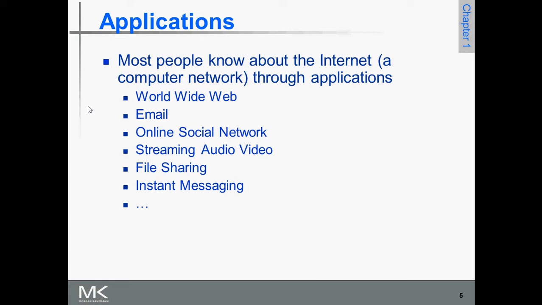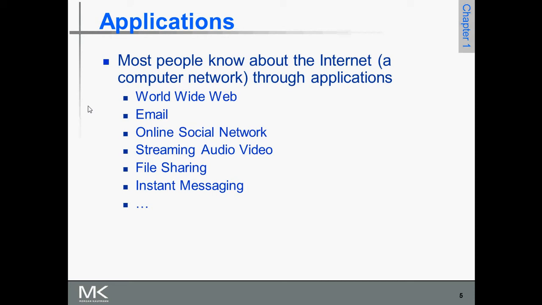That is why most people know about the internet only through applications. We can say the internet is a computer network, because a collection of computer networks is called the internet.